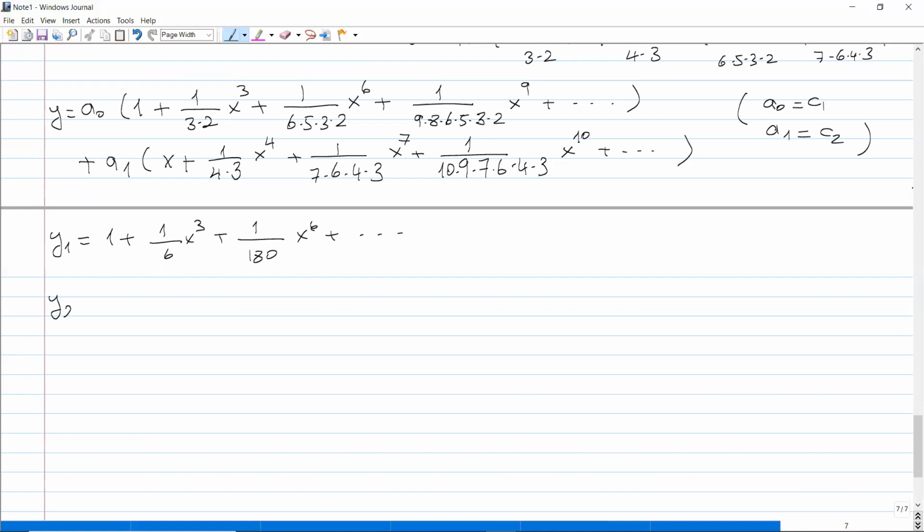And then we take the function in front of a1, x plus 1 over 12 x to the 4, and so on. So these are the two independent solutions. Of course, for solutions, we just give their Taylor series expansion around x0.